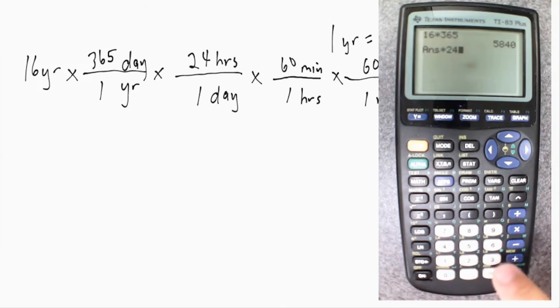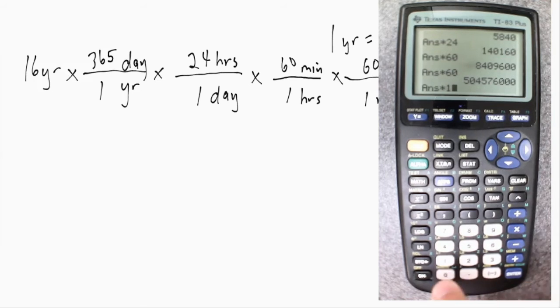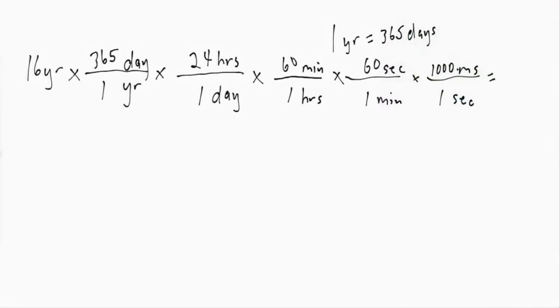Times 24, enter, times 60, enter, times 60, enter, times 1,000, enter. And I'm going to have 2 significant figures, so that's going to be 5.05 times 10 to the 11th power.